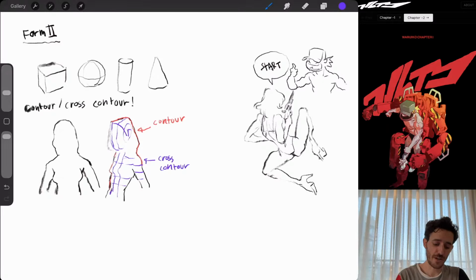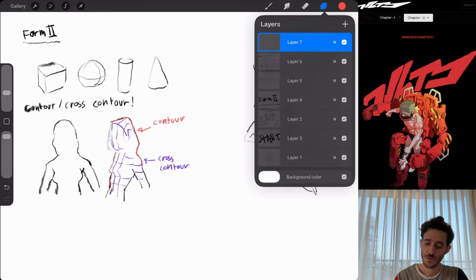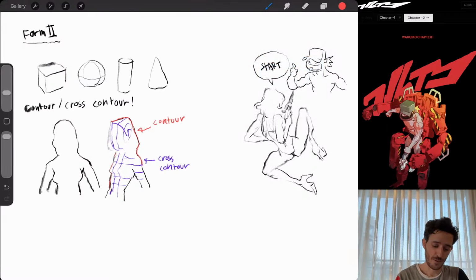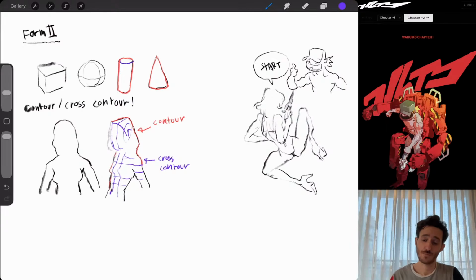Now, if we want to go ahead and look at our primitive shapes up here, this would be contour. Okay, this is a good one. This here would be contour. And inside, you're getting cross contour.